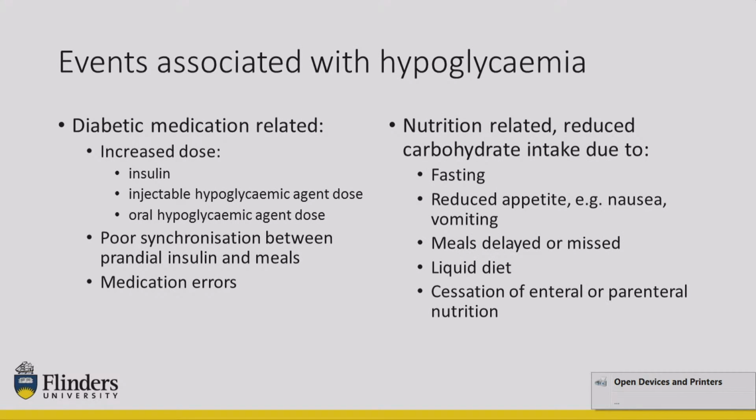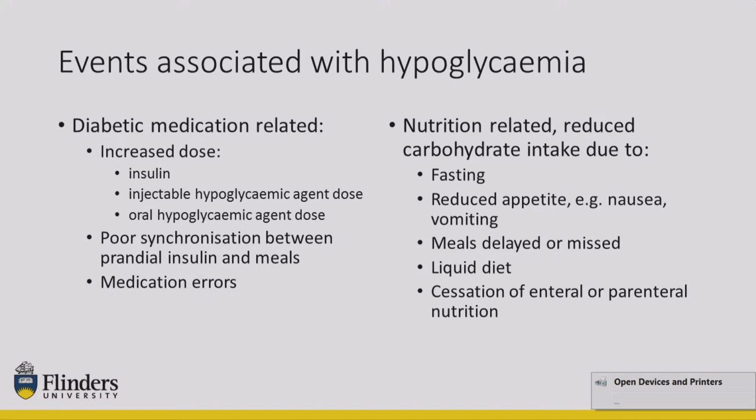So the first step was to think about the potential events that might be associated with a hypoglycemic event within hospital. And so we've categorized these into 4 broad categories. So the first category is around diabetic medication use, and primarily thinking about timing at which medication use is increased in dosage, so whether that's insulin, an injectable hypoglycemic agent, or an oral hypoglycemic agent.